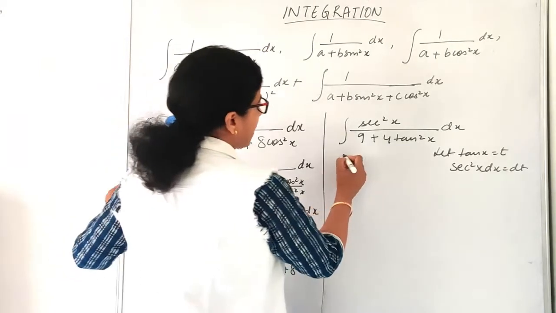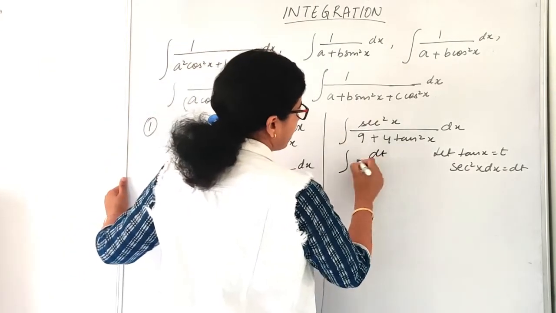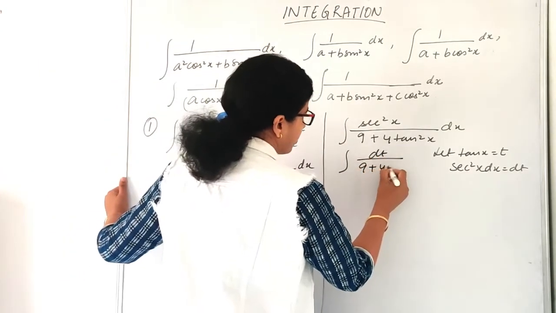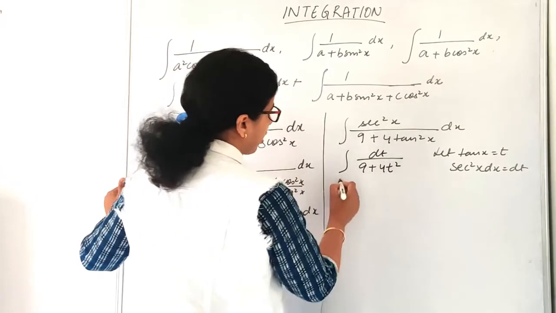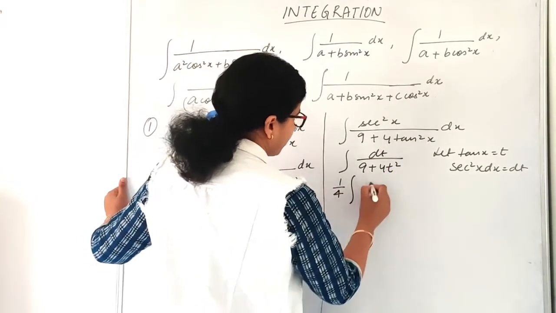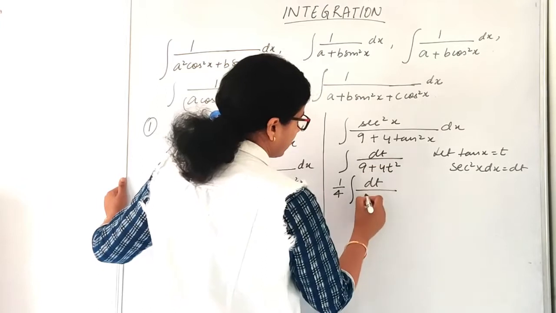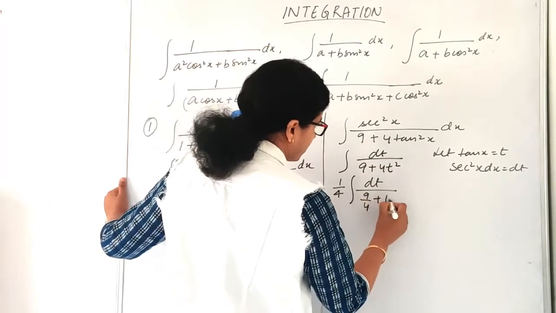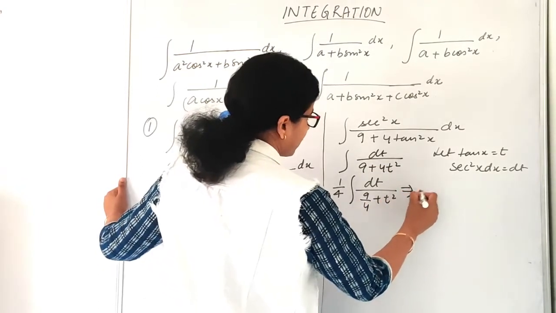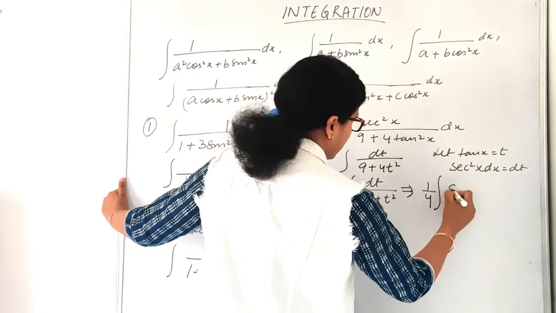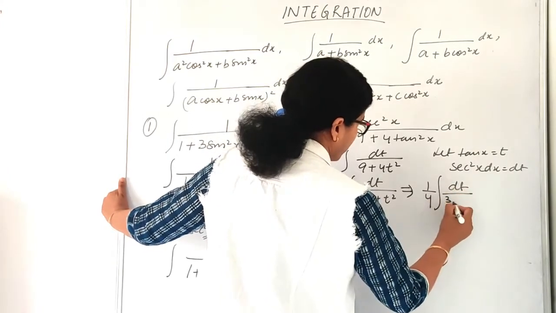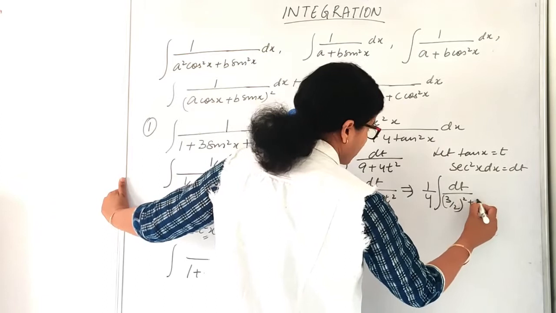So it means it gets reduced to dt upon 9 plus 4t square, right? We'll take out 4 common and we are left with dt upon 9 by 4 plus t square. And this can be written as 1 by 4 dt upon 3 by 2 whole square plus t square.